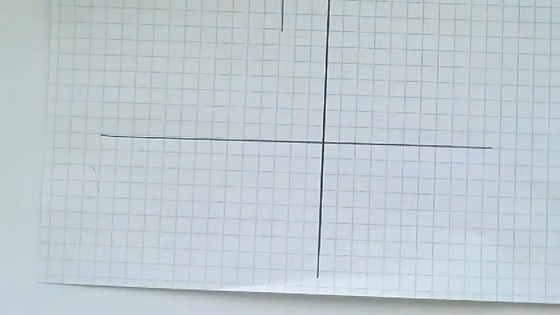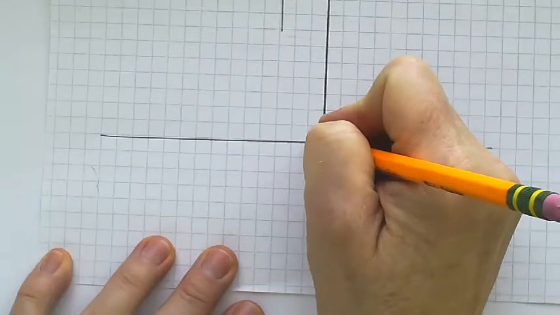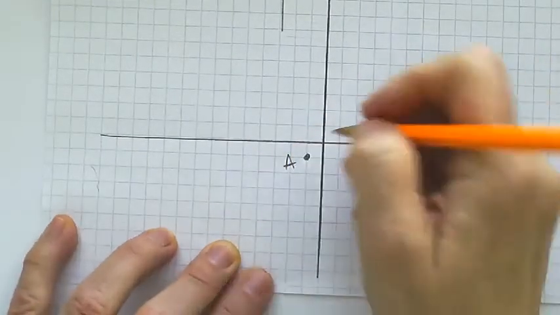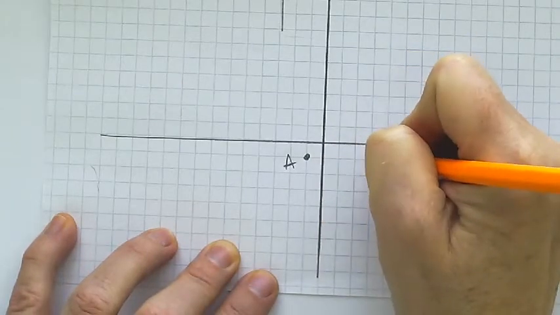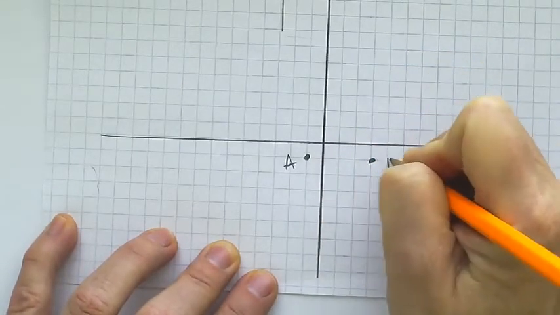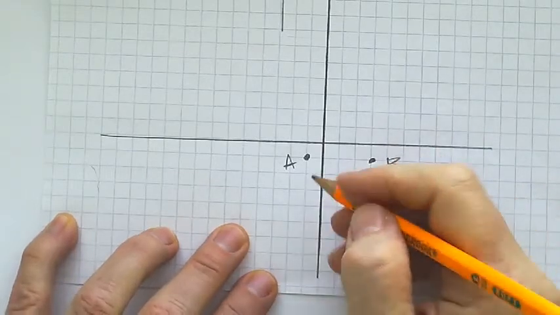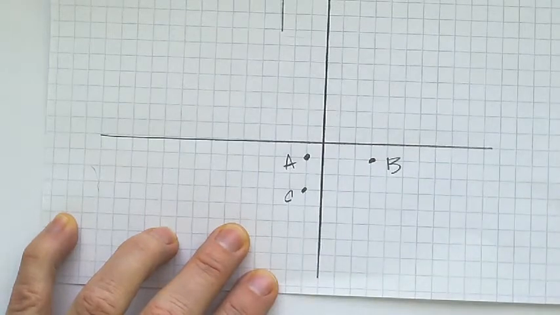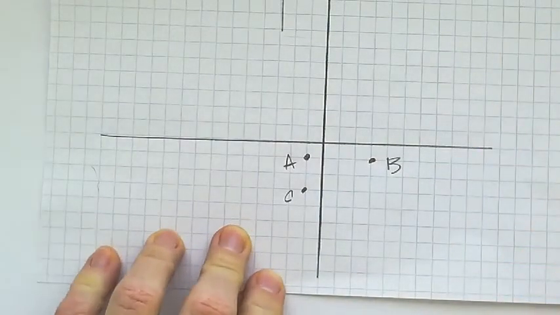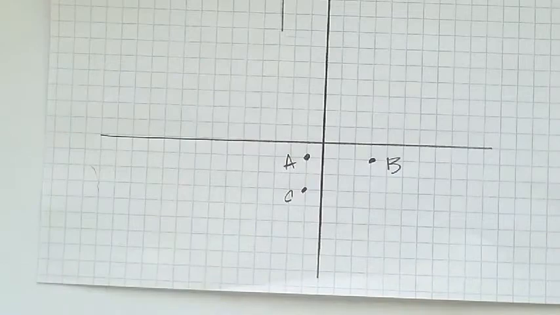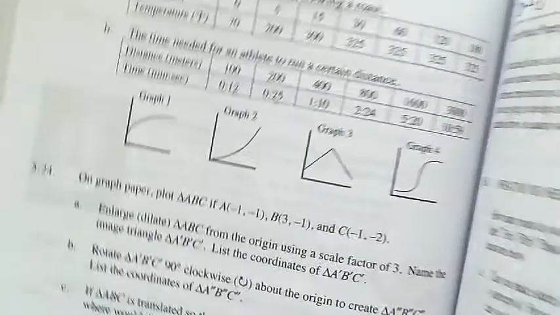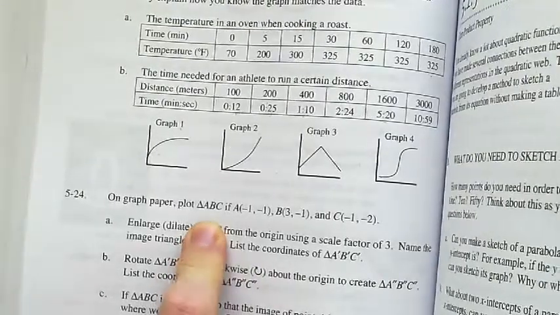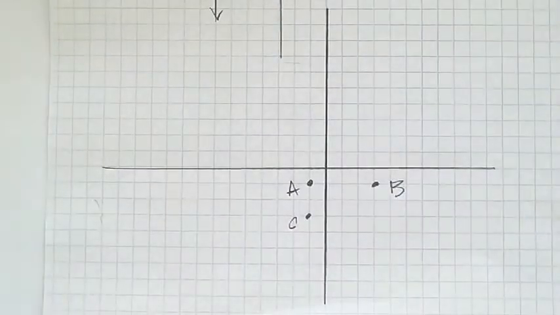And it says to graph the 3 points. So you've got A is -1, -1. B is 3, -1. And then C is -1, -2. Okay, so we've graphed these points and they form a triangle, plot triangle ABC.